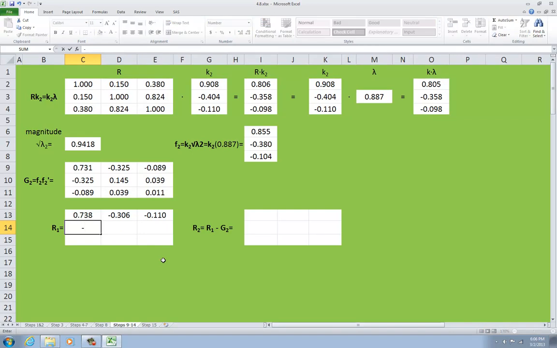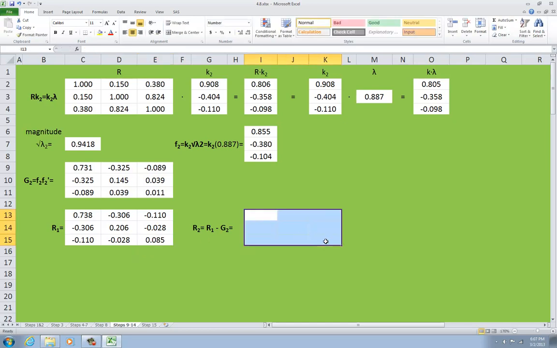I can copy and paste these values because it's a symmetric matrix. This was 0.028. And on the diagonals we had 0.738, 0.206, and on the third variable 0.8085, excuse me.